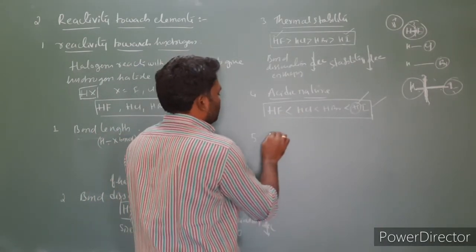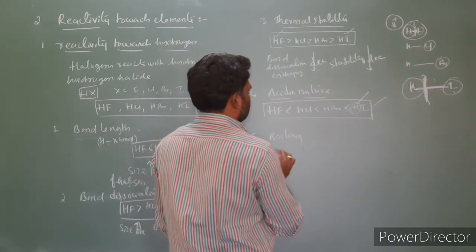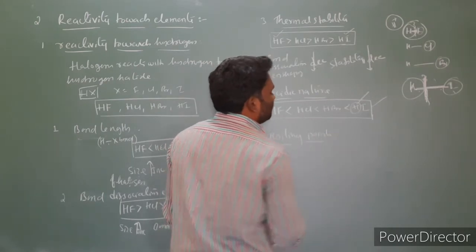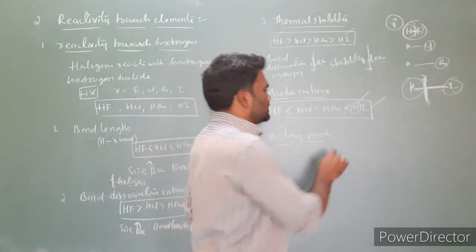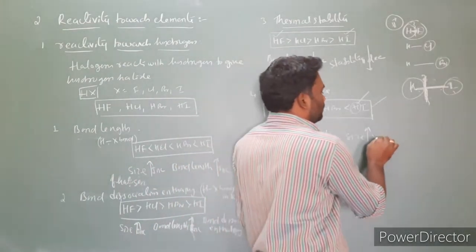And the fifth one is boiling points. In the case of boiling points, in general, the boiling points depend upon the size. Size increases and van der Waals force increases.